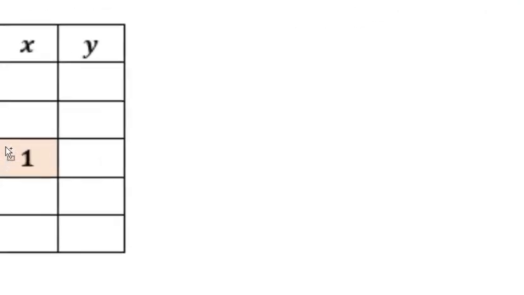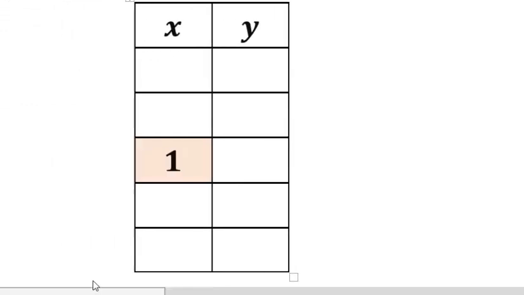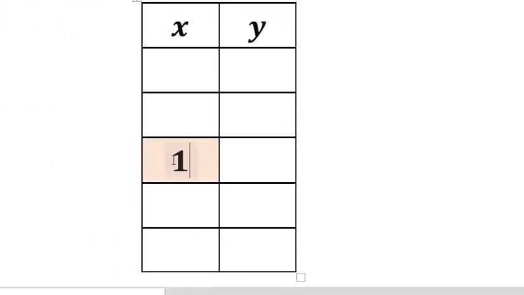Once we put the vertex, it's easy to find the other numbers. You just need to think which numbers go behind 1 and which numbers go after 1. After 1 we have 2 and 3, right? Now behind 1 we have 0 and minus 1. So those will be the numbers that we're going to use.